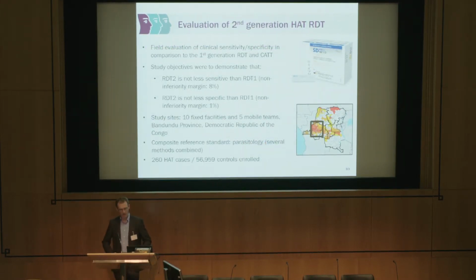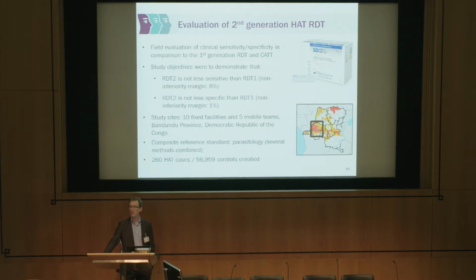So in the last minutes I have, I will try to summarize this study. So briefly, what we did was to compare the performance of this new test with the old one, the first-generation test, and CAT, with 2 objectives. So this was a non-inferiority study, so we tried to demonstrate that RDT2 was not less sensitive and not less specific than RDT1.